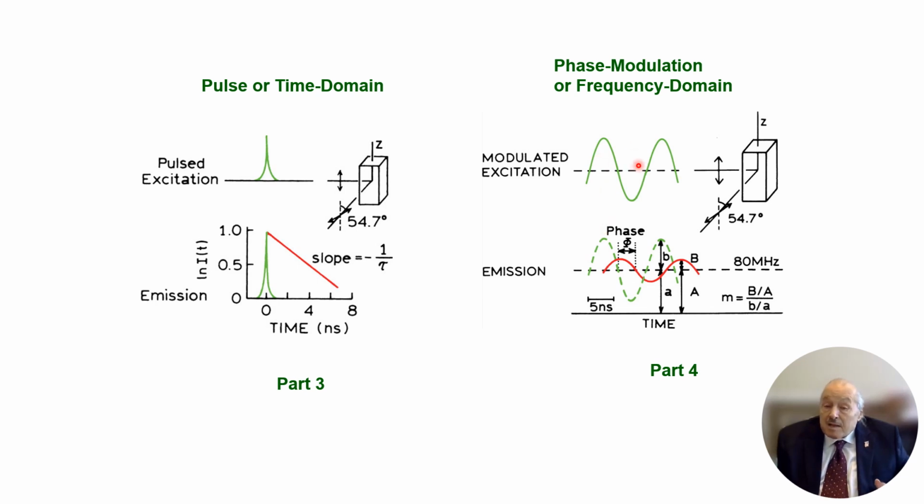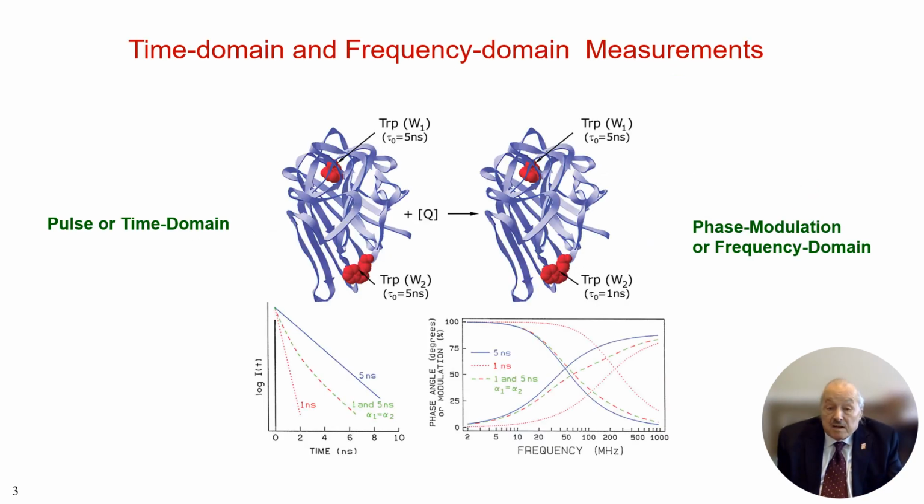And the light beam has to be modulated rapidly because it's going to be measuring nanosecond decay times. The experimental observables are the time delay of the fluorescence, measured by the phase angle, and the demodulation of the fluorescence, that is a decrease in the peak to peak height. And we'll describe those in considerable detail.